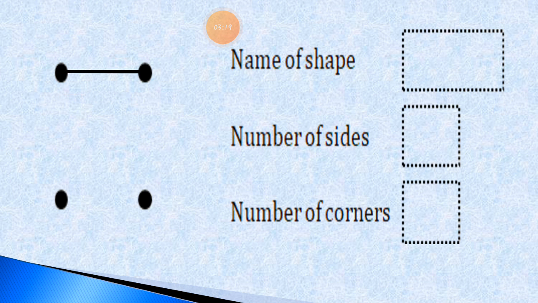Now let's join another 2 dots. Here you can see we join another 2 dots. We are drawing one line to join these 2 dots, right? Another sleeping line we have to draw, right?